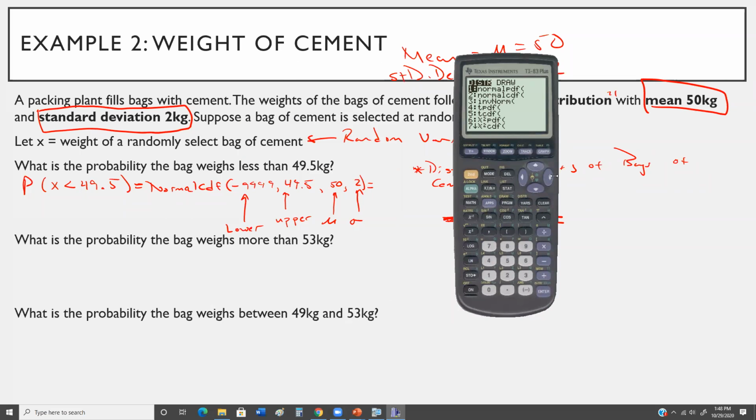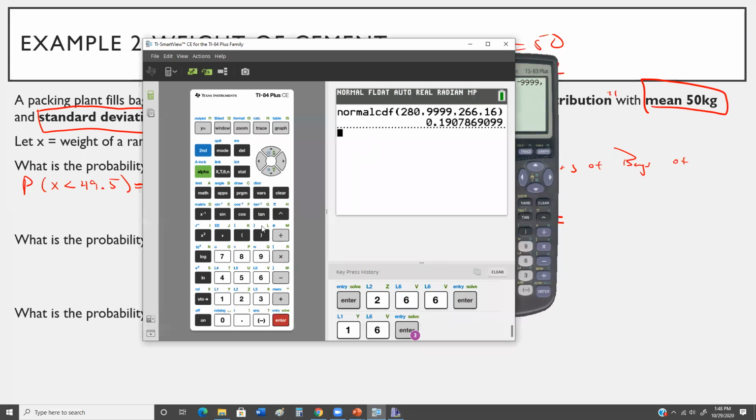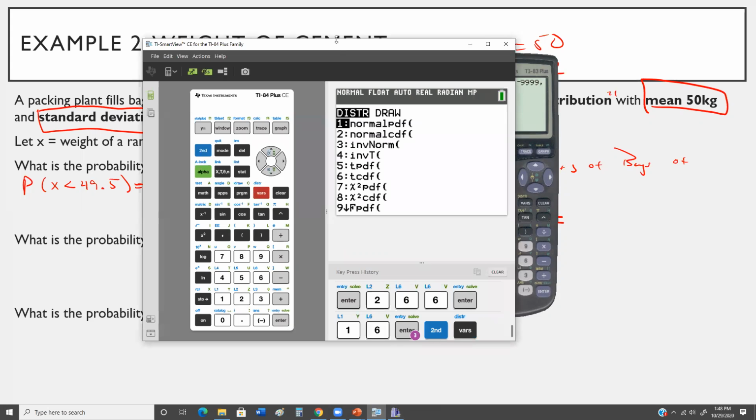So normal CDF, negative 9999, comma 49.5, comma 50, comma 2. If you have the TI-84, it's so much easier. I'm just focusing on the TI-83 here. I'll just do it on this one so you can see.